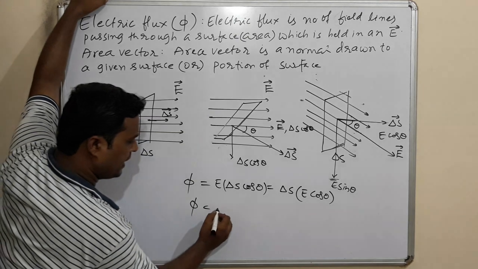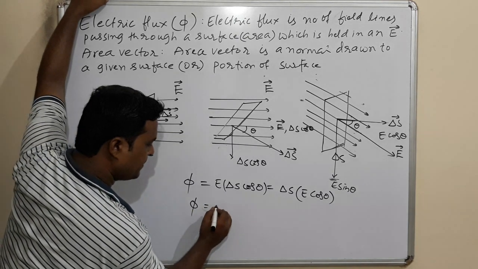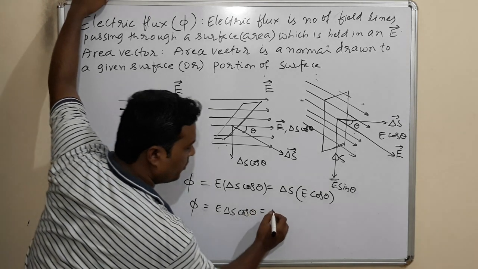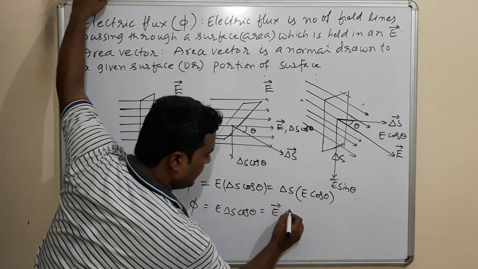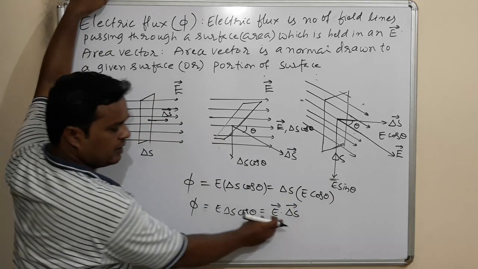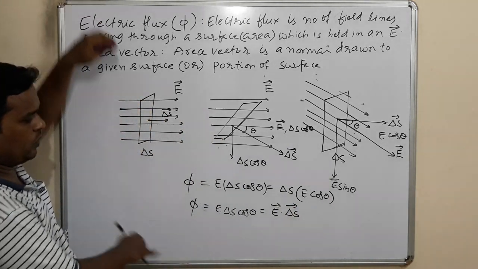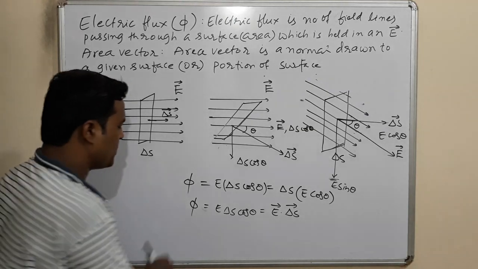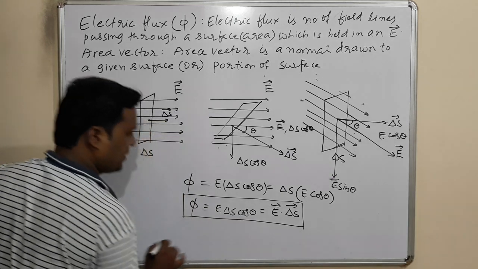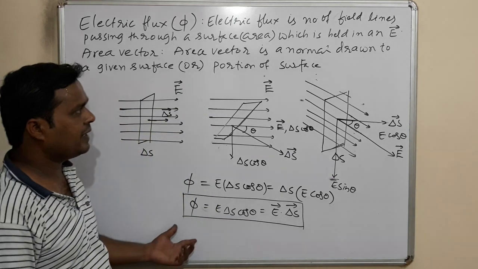Then overall I can write this as E delta S cos theta, which is nothing but E dot delta S, since AB cos theta is nothing but A dot B. Make a note of this. This gives me the formula of how many lines will be passing through this surface.